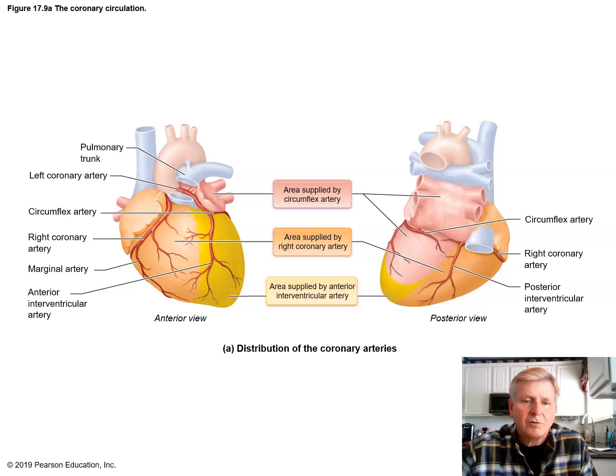So here's your coronary artery distribution, showing you the anterior right coronary artery, anterior ventricular artery, also called the LAD for left anterior descending artery. Remember, this is the one that's also called the widowmaker, because when it becomes occluded, almost nobody survives, okay, when that coronary artery is obstructed from coronary artery disease.